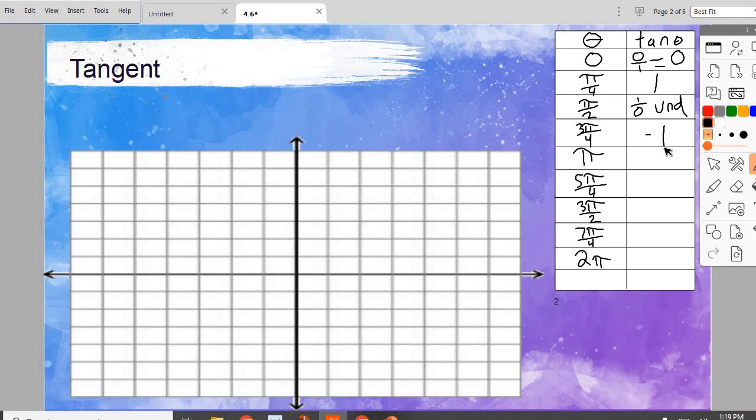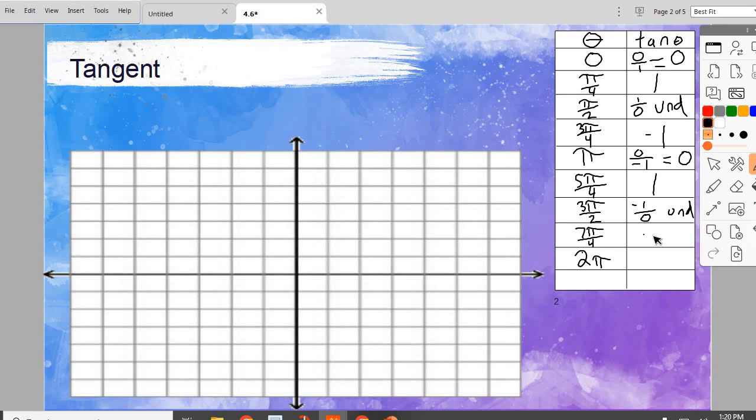At pi, sine is 0 again, and cosine is negative 1, so we're still going to get 0. At 5 pi over 4, which is our third quadrant, both sine and cosine are negative, so it'll now be a positive 1. At 3 pi over 2, we're negative 1 divided by 0, which is also undefined.